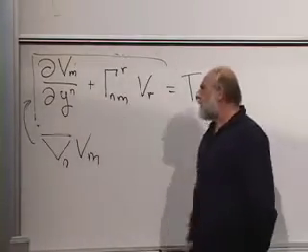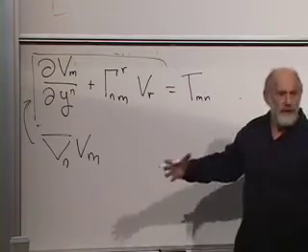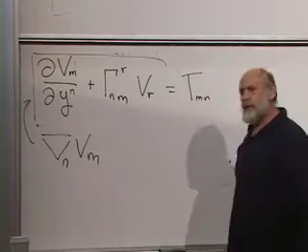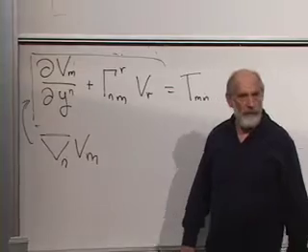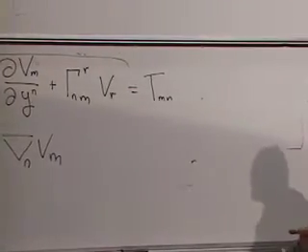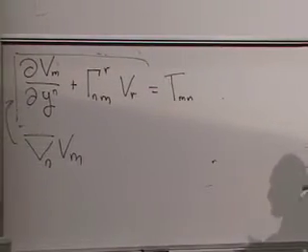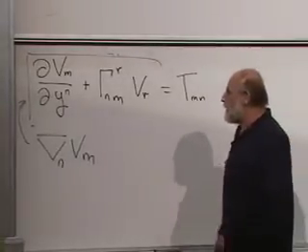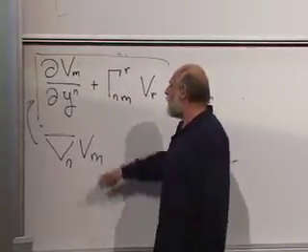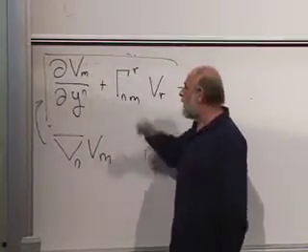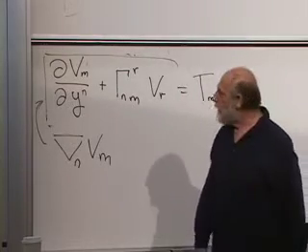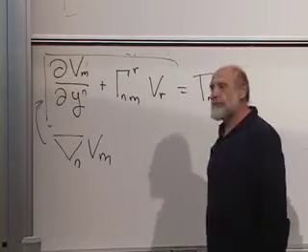The left-hand side could be the derivative of some electric field. The right-hand side could be some other tensor of a particular physical character. And we might have an equation which says that the covariant derivative of the electric field is equal to some tensor.